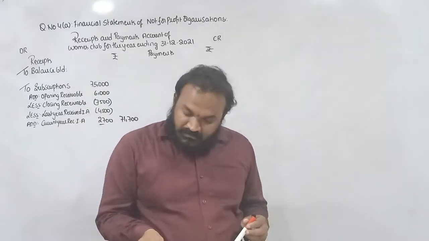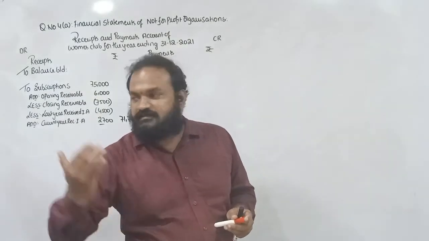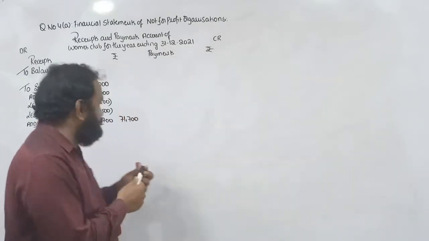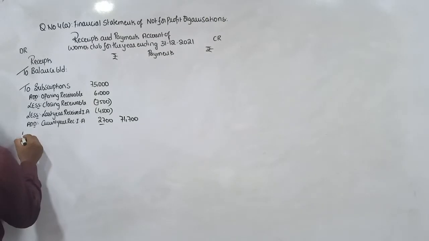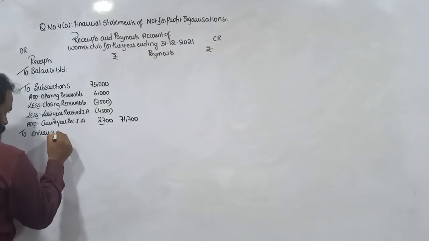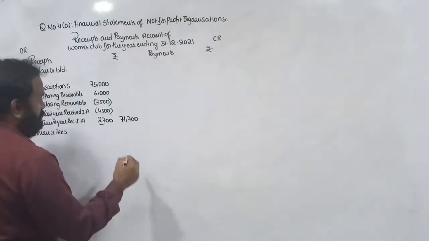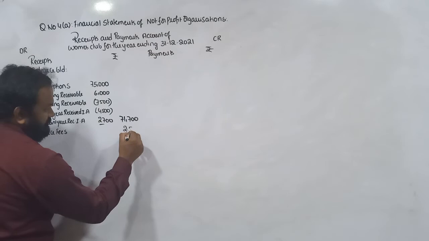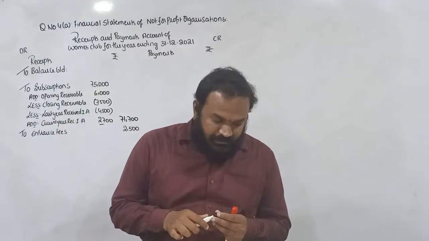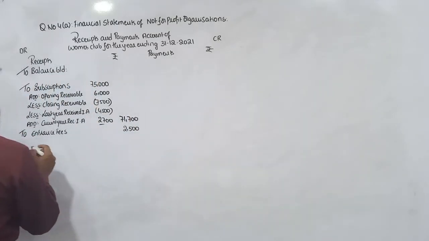Next, coming to entrance fees. Since there is no adjustment on entrance fees, what the amount credited to income and expenditure account is received by us. To entrance fees, how much? 2,500. Next, contribution for annual dinner, right? No adjustments, so total receipt.